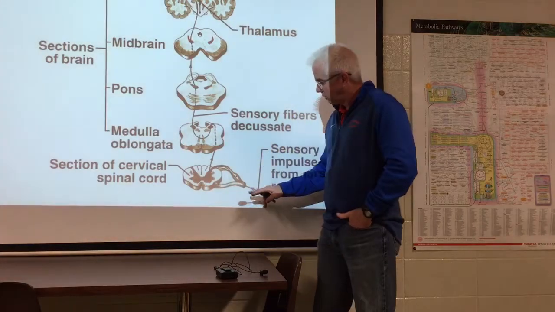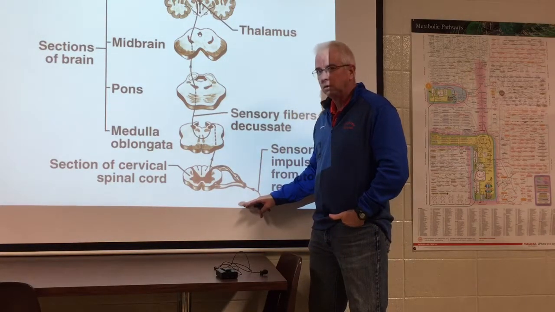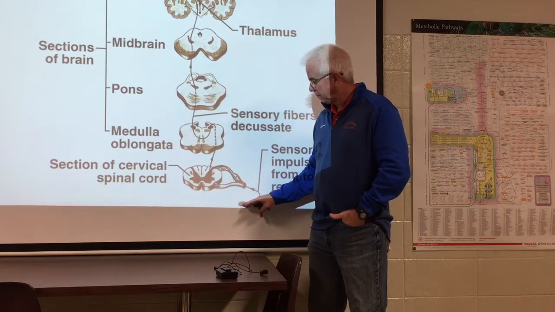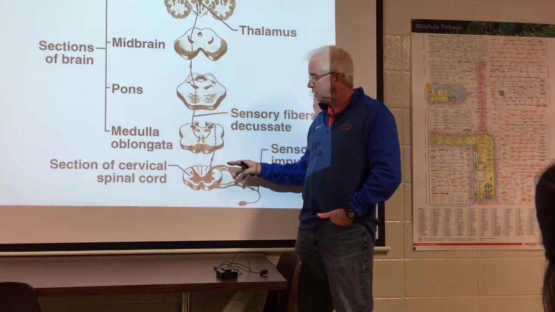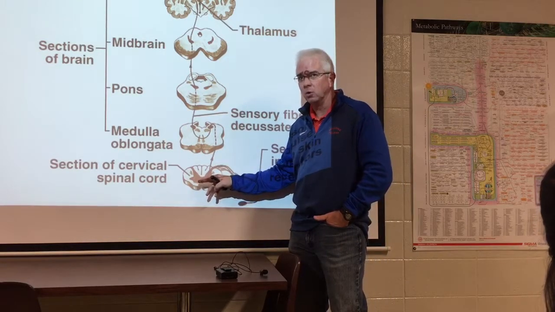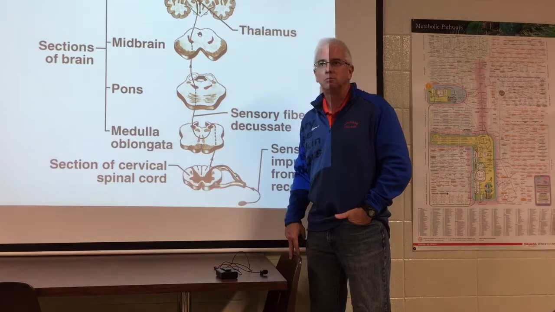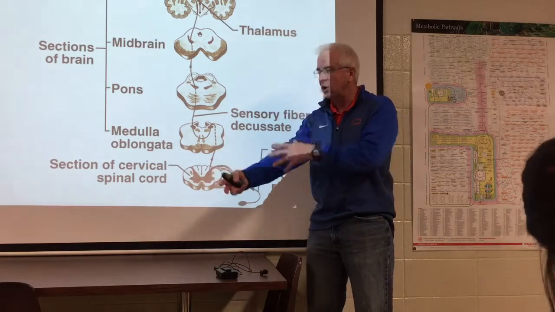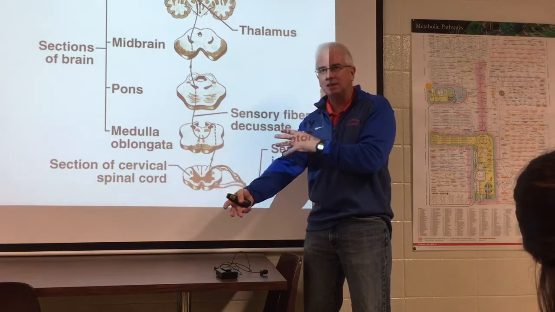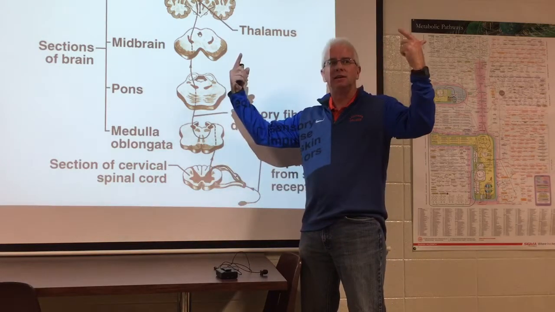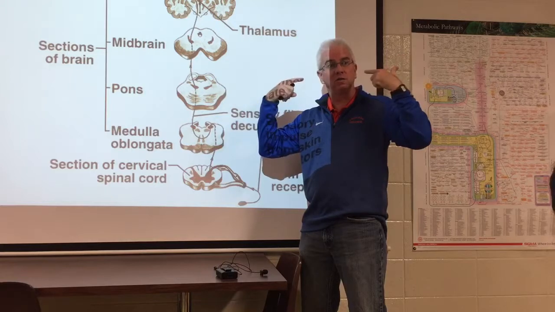Okay, so the Pacinian corpuscle is represented as a skin area, a dermatome. And that dermatome describes which divisions of the spinal cord are receiving that sensory information. Dermatome, the area of skin, is the area of skin represented in spinal cord divisions.